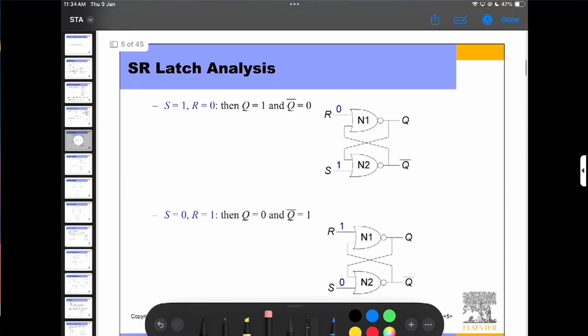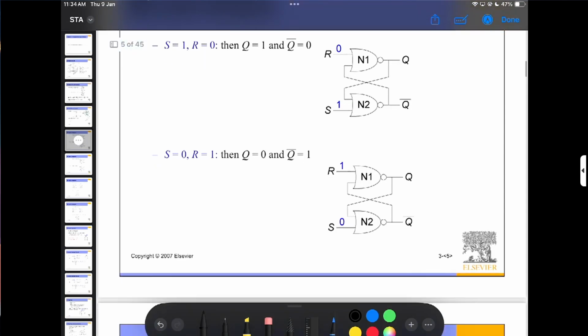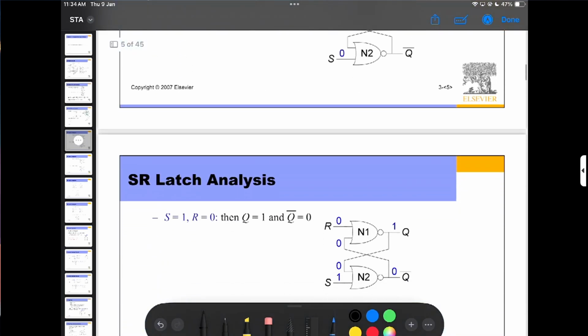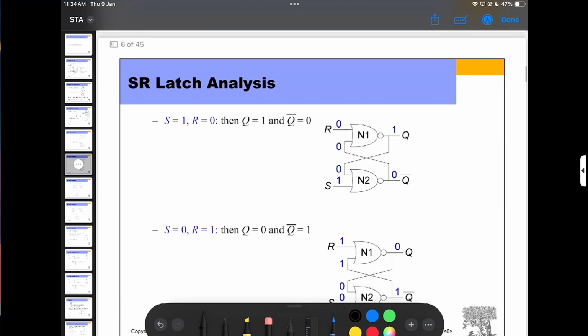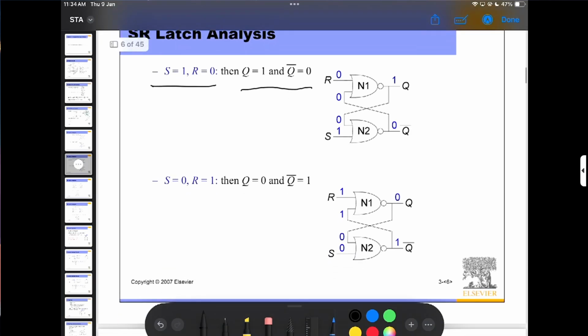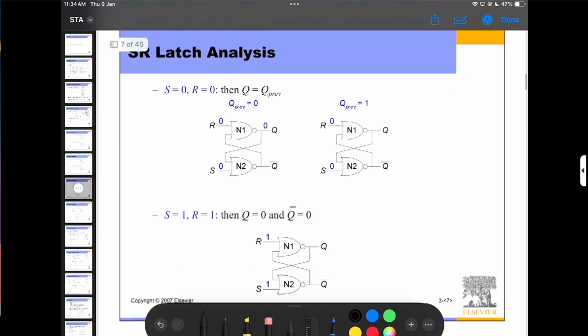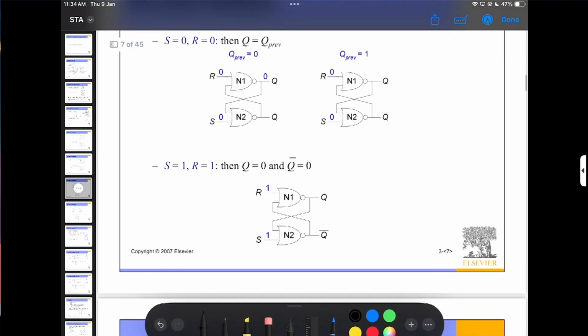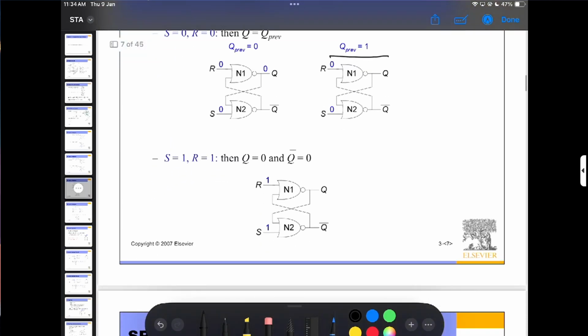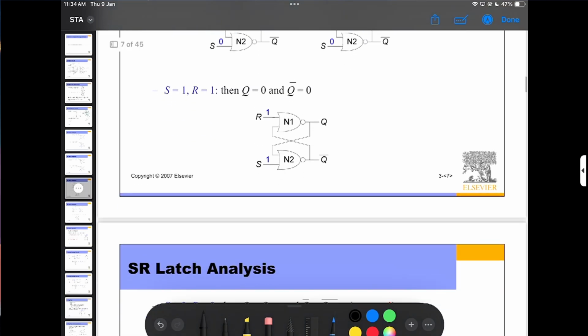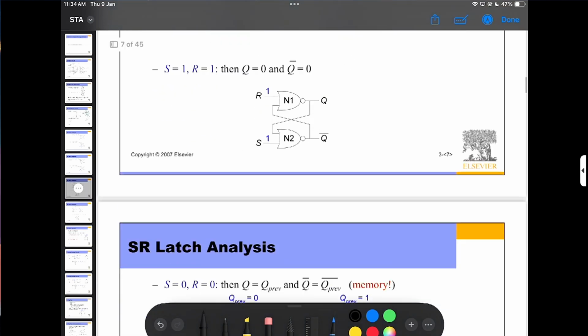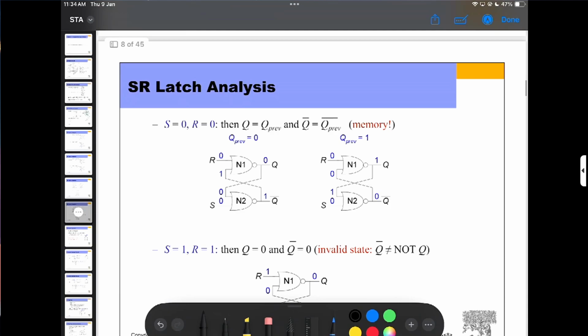So this is the analysis of the SR latch, whatever S and R combinations.